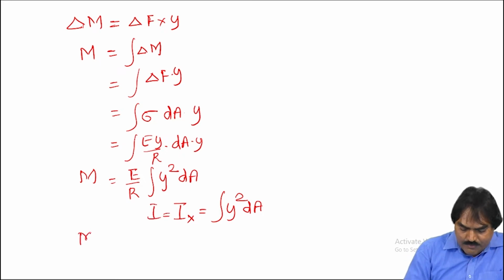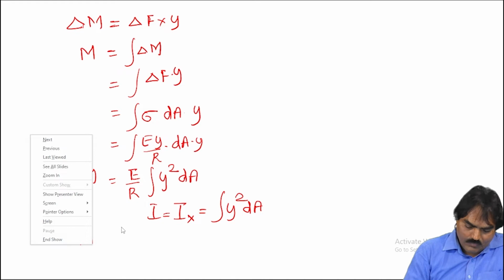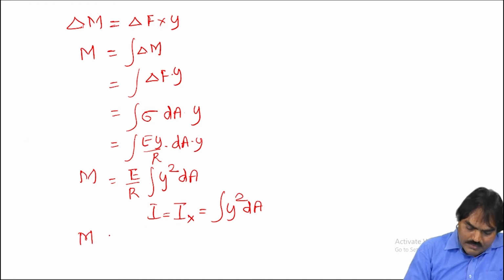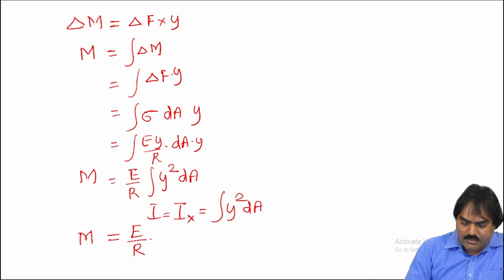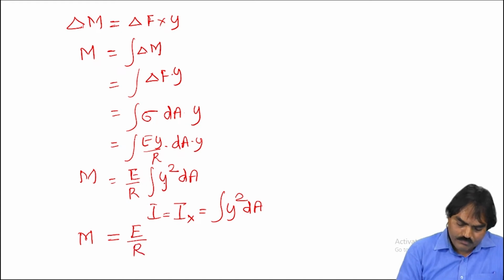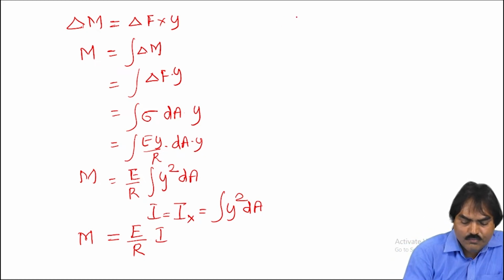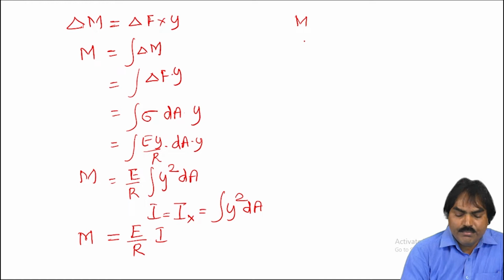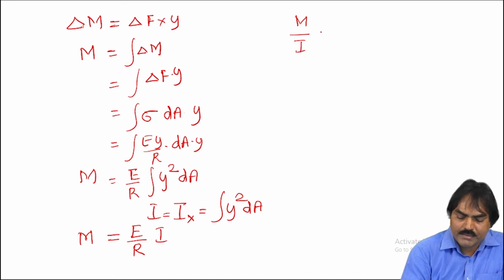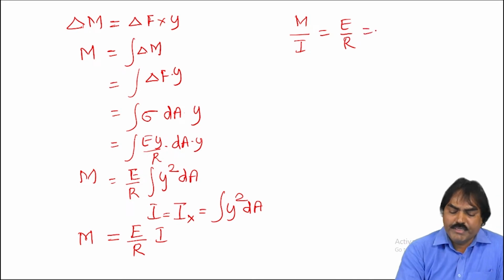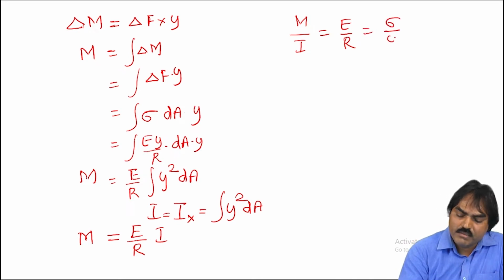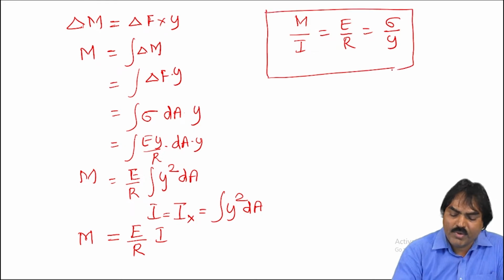Therefore, the moment applied M is equal to E by R into I. So when we rearrange this equation, we get M by I is equal to E by R. But in the previous relation, we got E by R is nothing but sigma by Y. So this is the equation given by Euler.